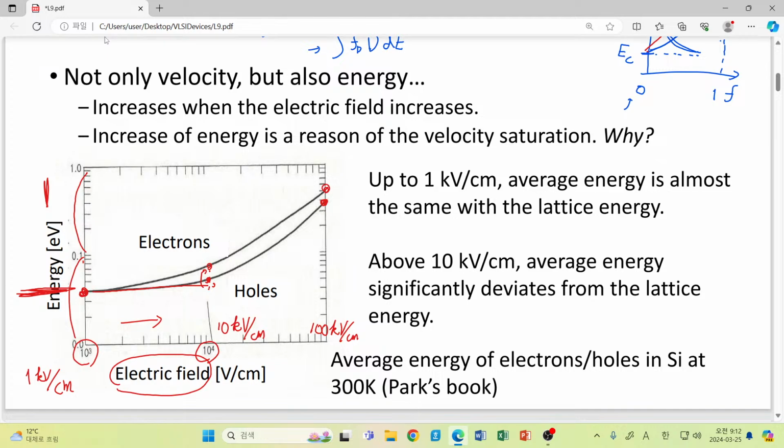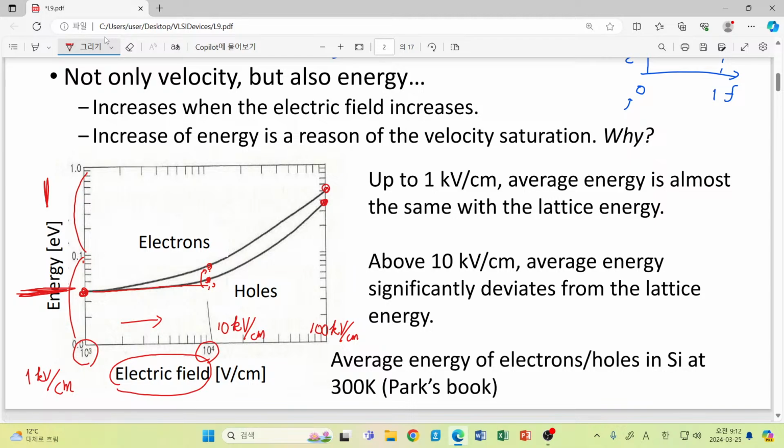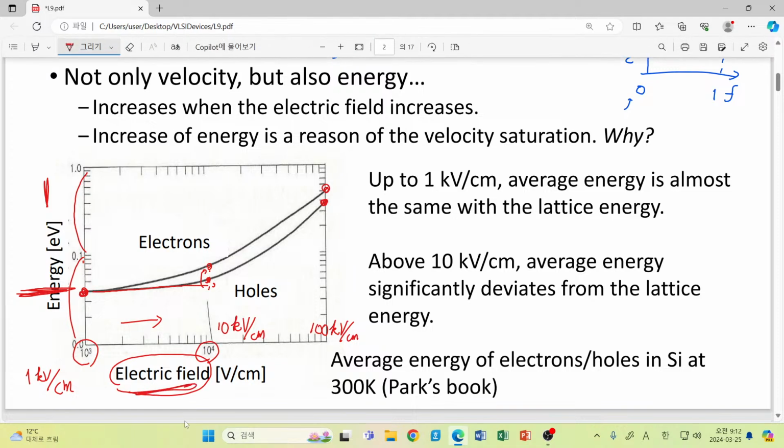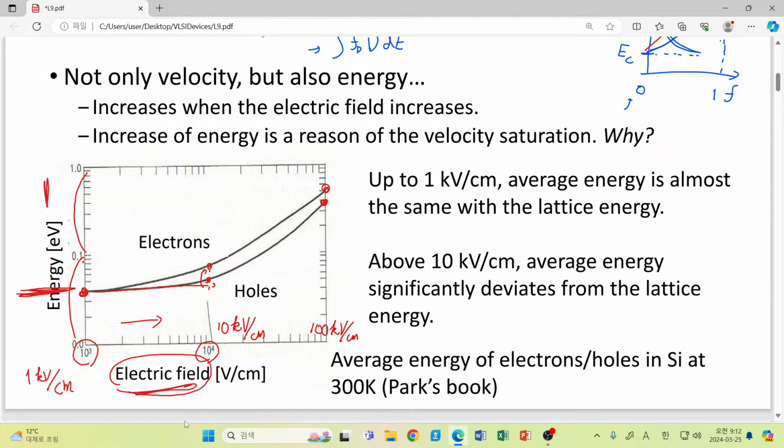So why are they becoming highly energetic particles? It is quite easy, because when you apply a high electric field, your electrons are accelerated. Then on average they get faster and faster, so their energy, or kinetic energy, becomes much more significant compared with the average one.